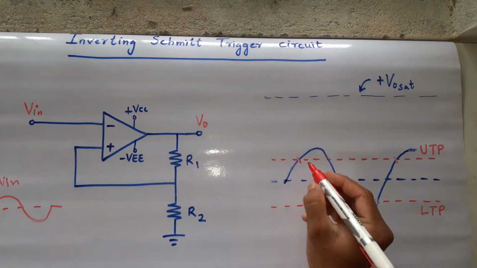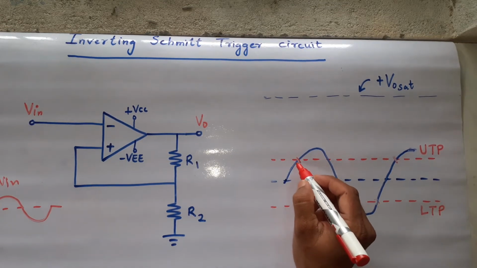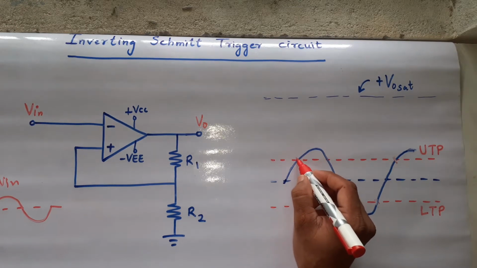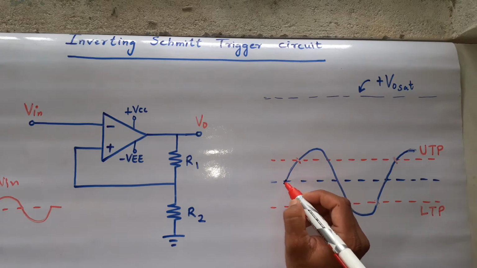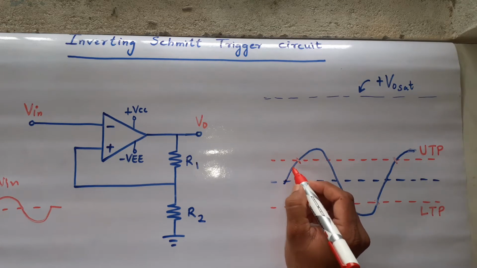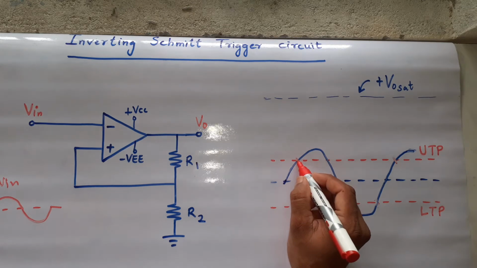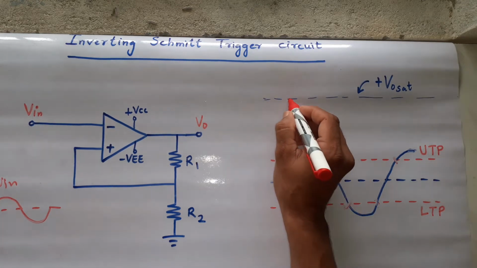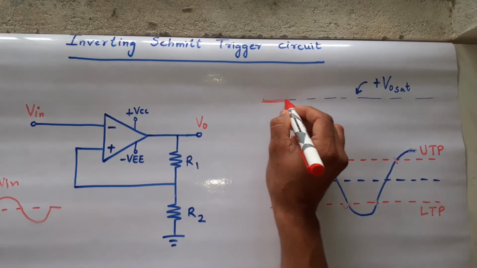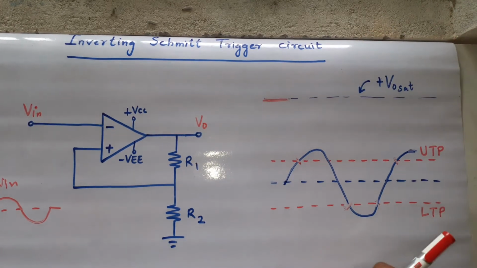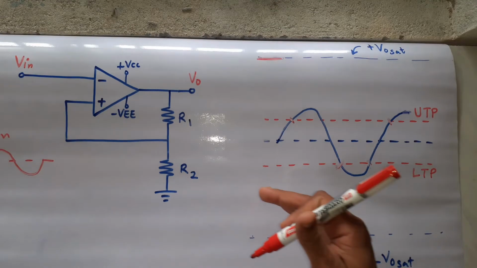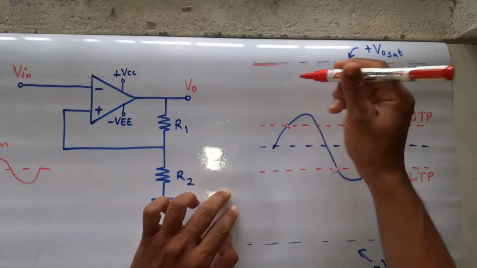All right. So your input before crossing this UTP at this instant, suppose you are here, say I am increasing, your input is here below UTP. When your input is below UTP line, your output will remain positive. This is V naught sat line, positive voltage line. This is negative voltage line. All right.